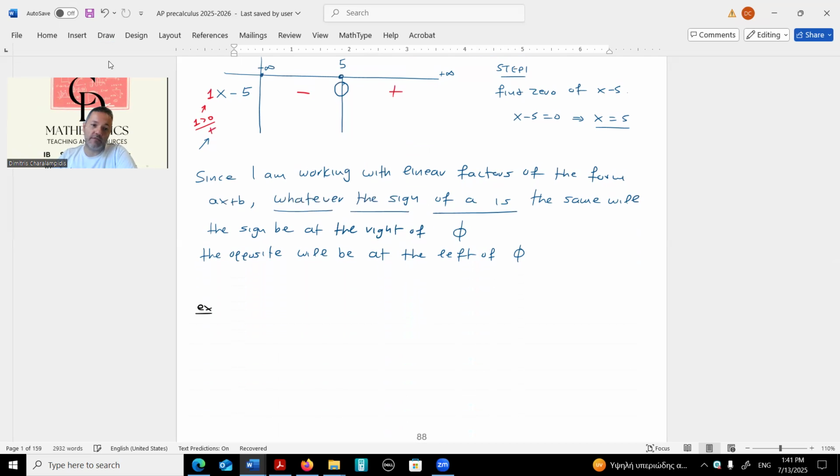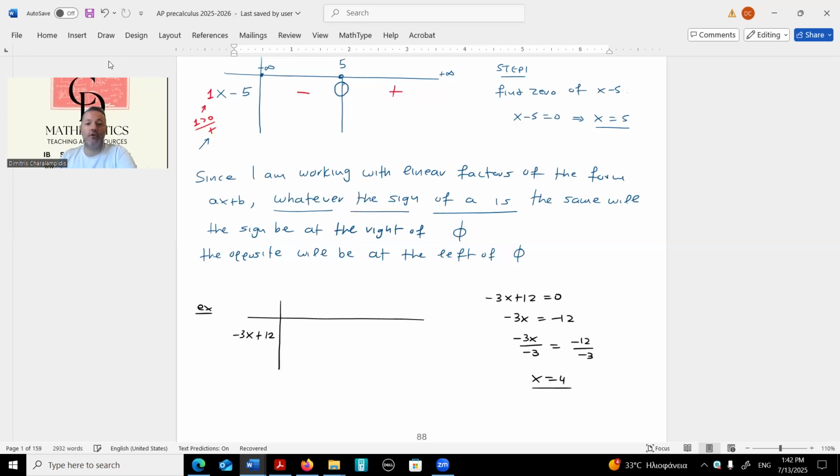For now, let's focus on that table of signs, and let's assume that here we would get negative 3x plus 12. At first, I need to find the zeros of that. Negative 3x is negative 12, so by dividing both sides by negative 3, I would get that x is 4.